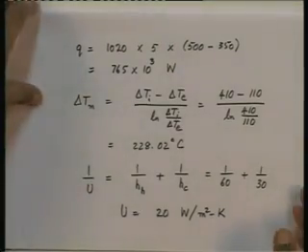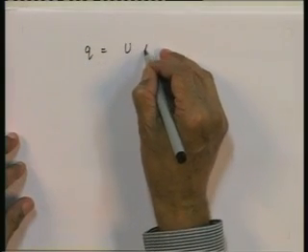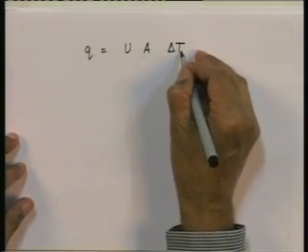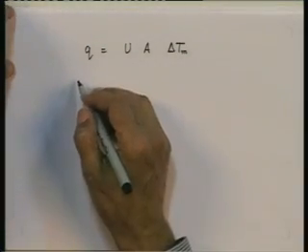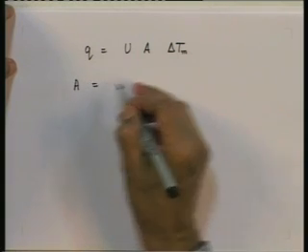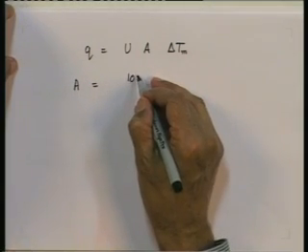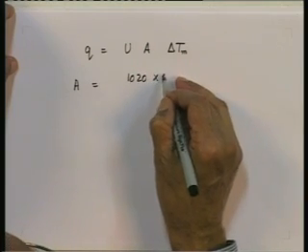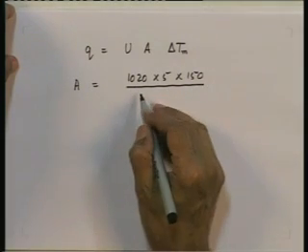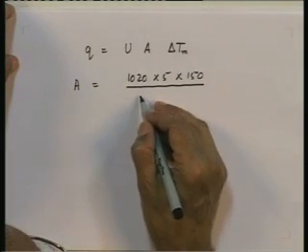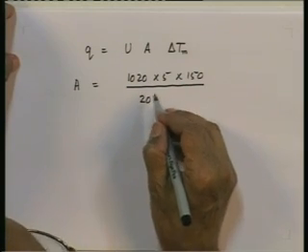Now, substitute into our basic performance equation to get the value of A. So, our basic performance equation is Q is equal to U A delta Tm, in this case delta Tm in parallel flow. So, we will get A is equal to Q, which is equal to 1020 into 5 into 150 divided by U delta Tm.